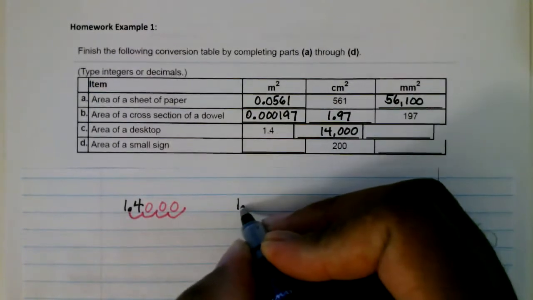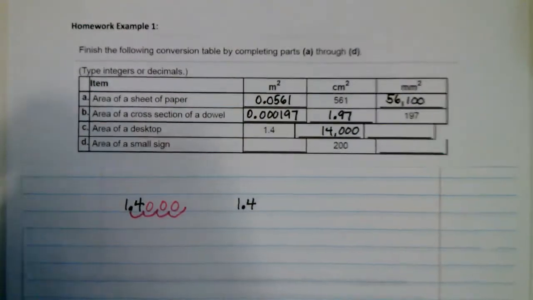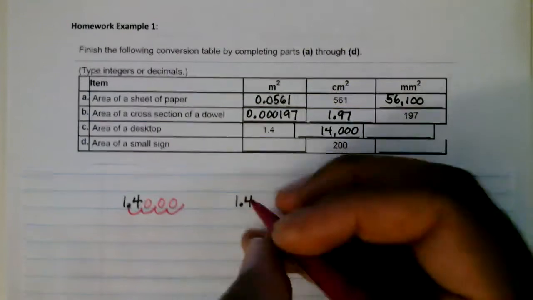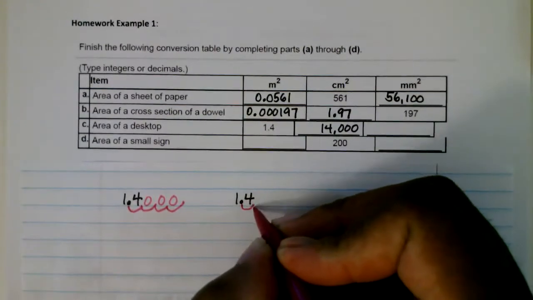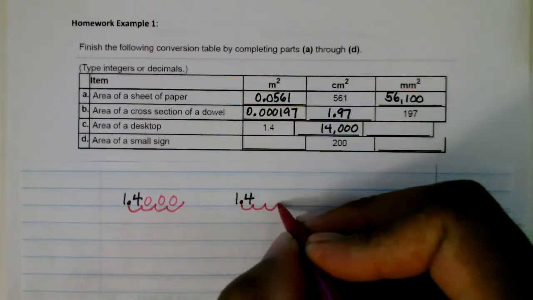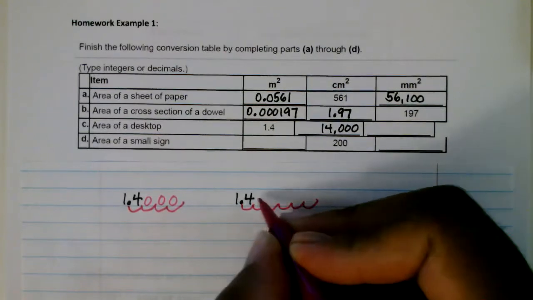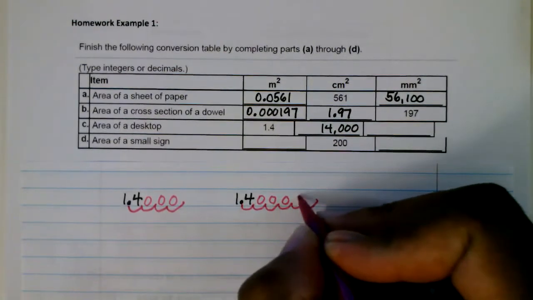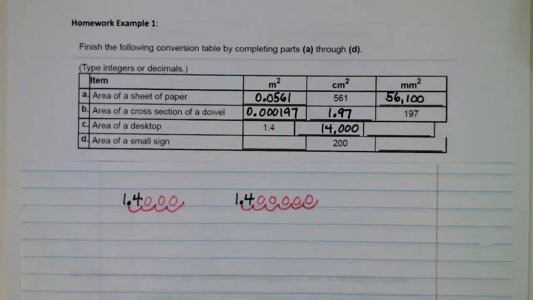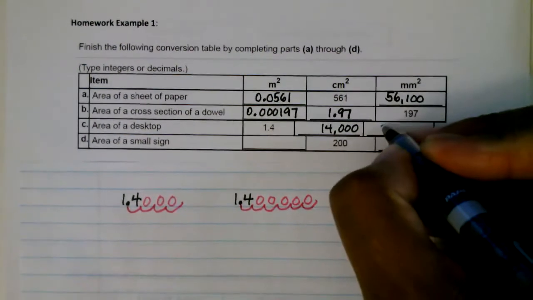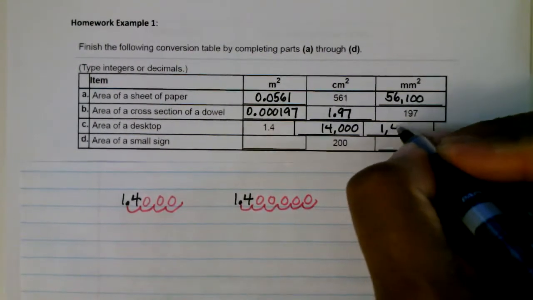So I'm going to take that 1.4 and move the decimal point this time 6 places to the right. So it's going to be 1, 2, 3, 4, 5, 6. And I'm going to need 5 zeros here. So this will end up being 1,400,000 square millimeters.